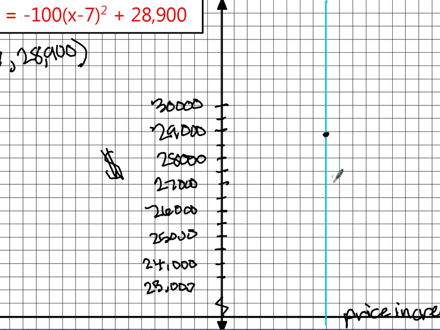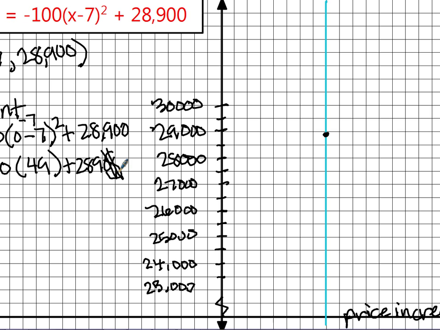For instance, how about the y-intercept? Y-intercept is where x is 0. So let's take a look at that. If x is 0, I'm going to get negative 100 times 0 minus 7 squared plus 28,900. 0 minus 7 gives me a negative 7, and negative 7 squared gives me 49.